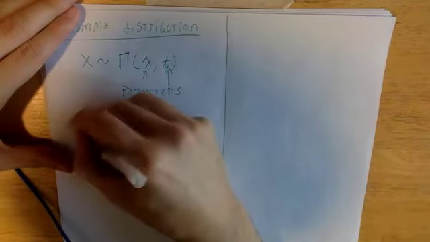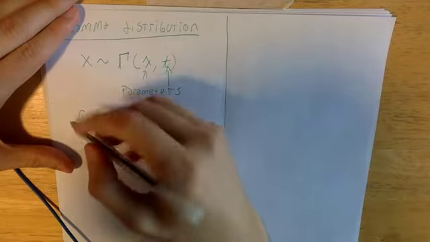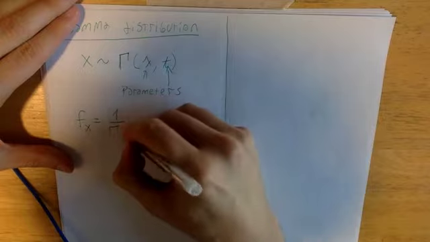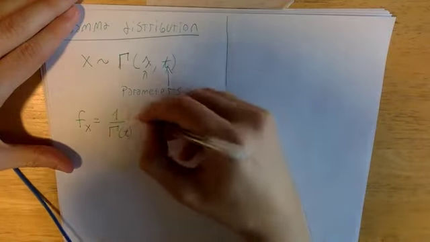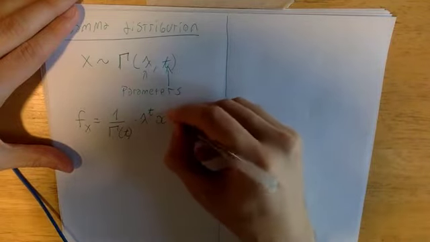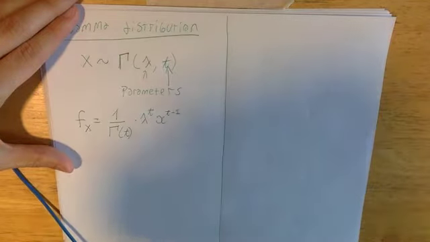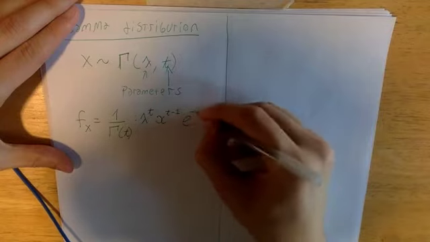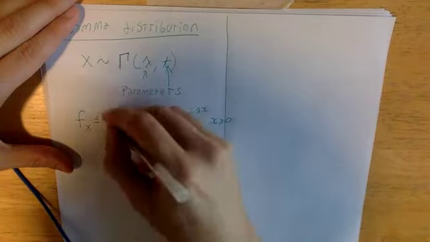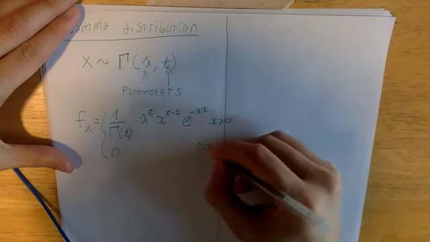It has two parameters, and this is capital gamma. Here we have the density f of x, which is equal to 1 over gamma of t times lambda to the t, x to the t minus 1, times e to the minus lambda x for x positive and 0 otherwise.